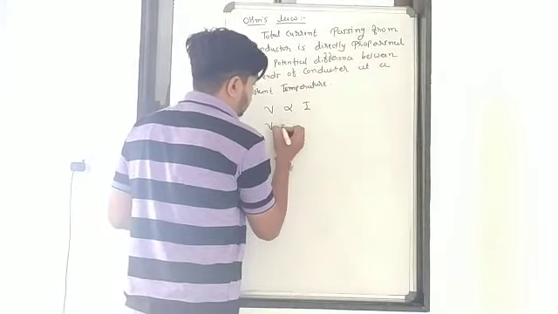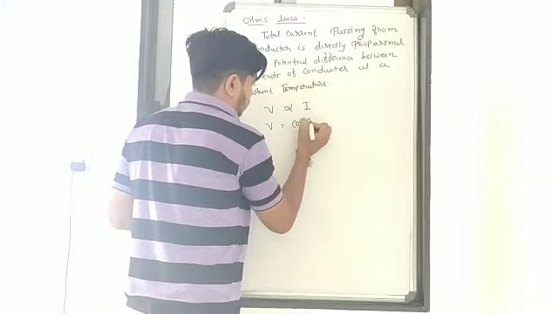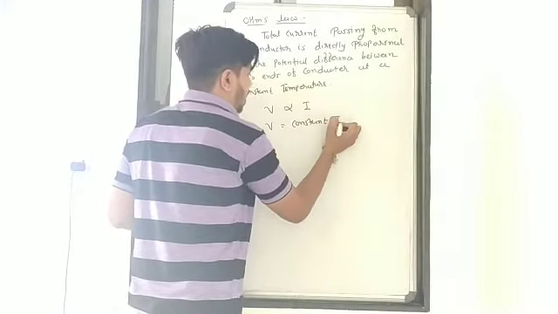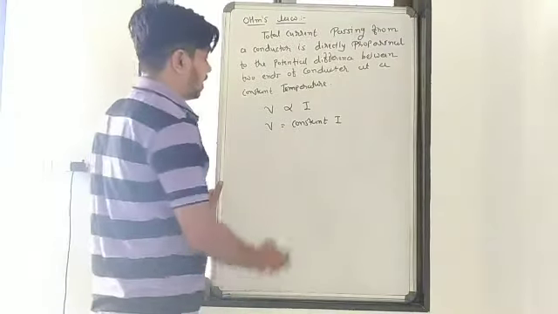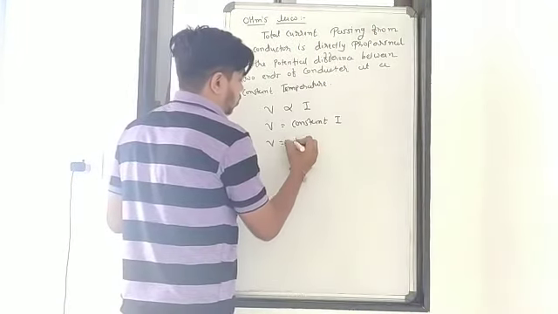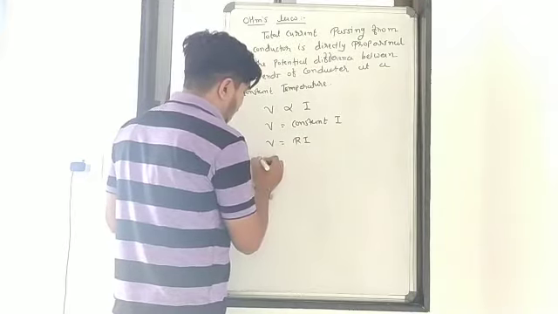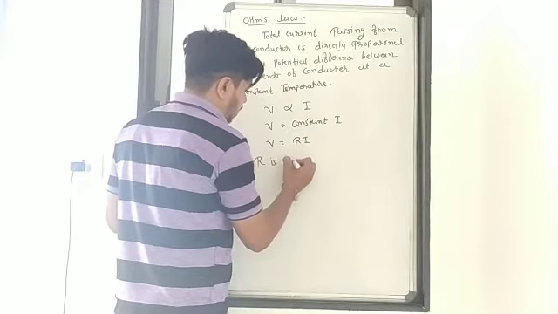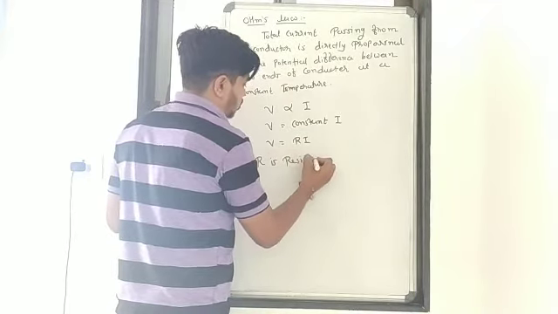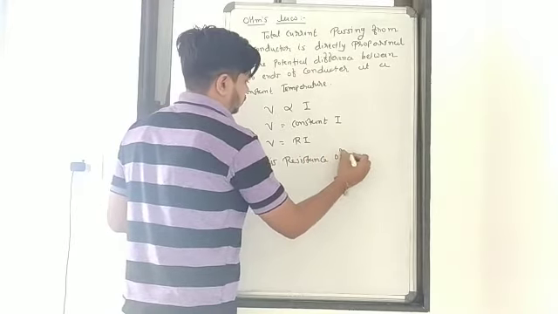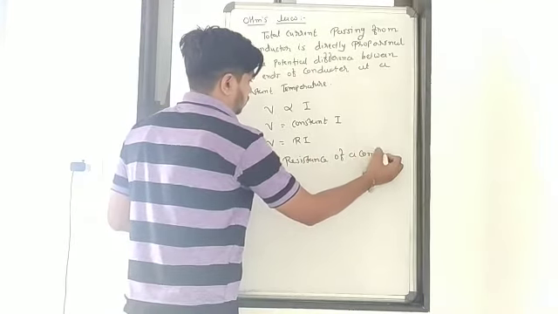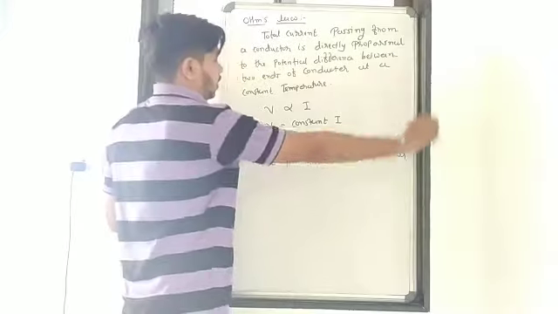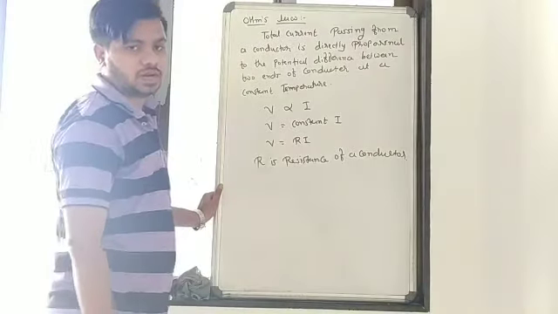So V is equal to a constant times I. As the constant, you take a capital R. So it gives you V is equal to R into I, where R is the resistance of a conductor, which is known as the resistance of a conductor.